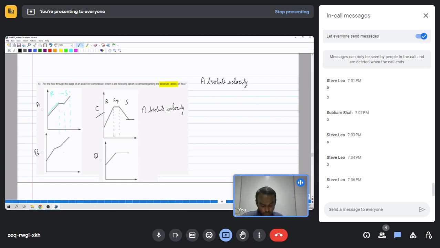Can someone say what this D represents? So at the rotor phase it increases and then remains constant throughout.